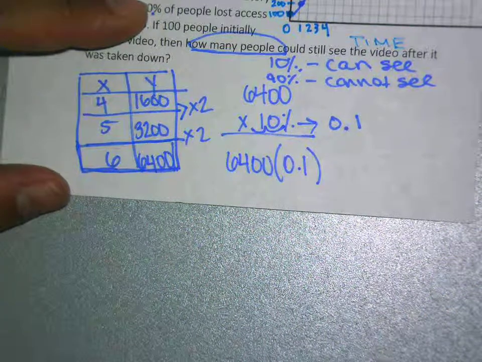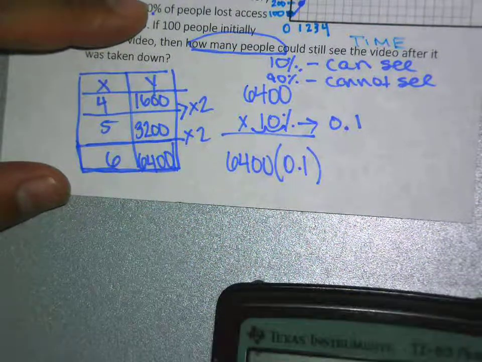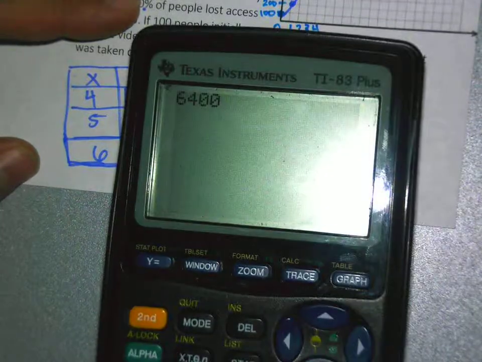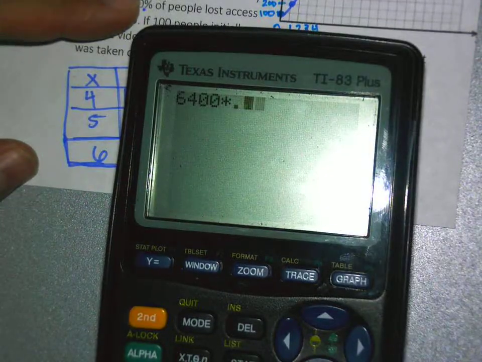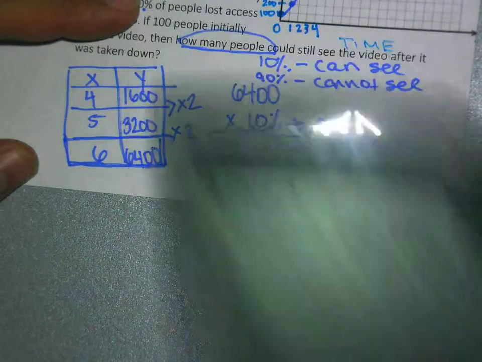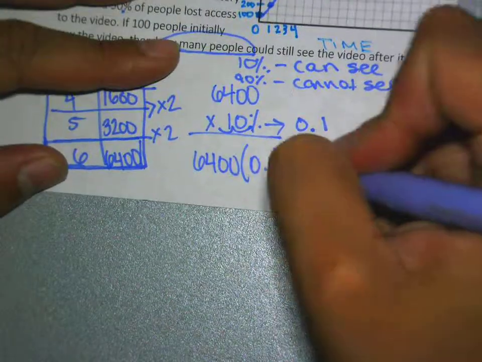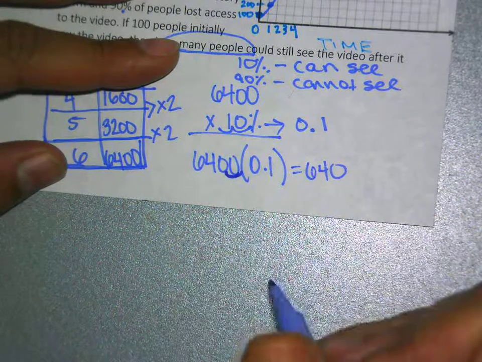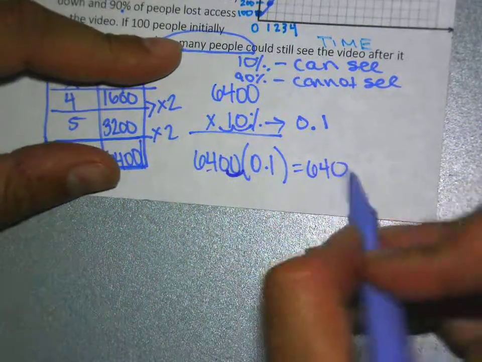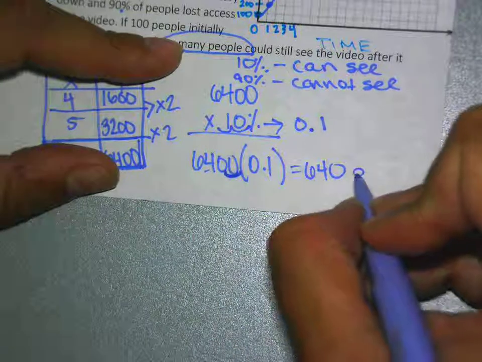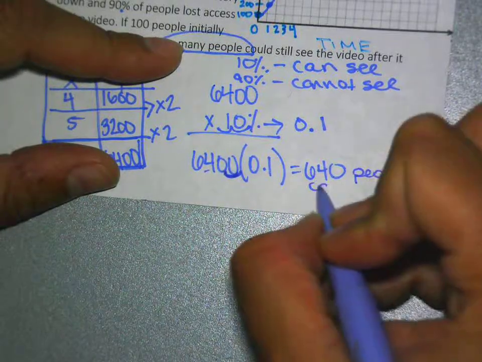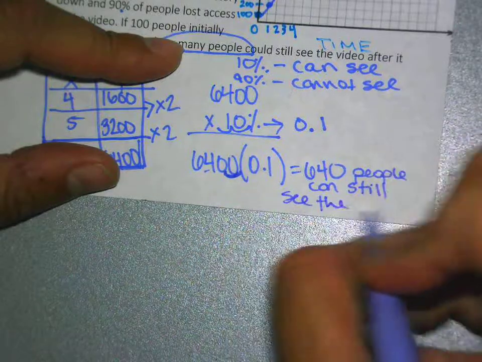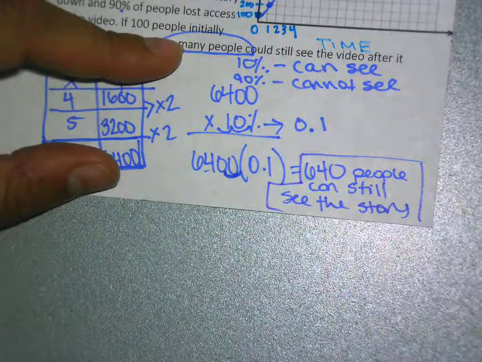So, in my calculator, 6,400 times 0.1 equals 640. You'll notice that we could have just moved the decimal place once, right, to have figured that answer out. But it means that 640 people can still see the story. It was taken down.